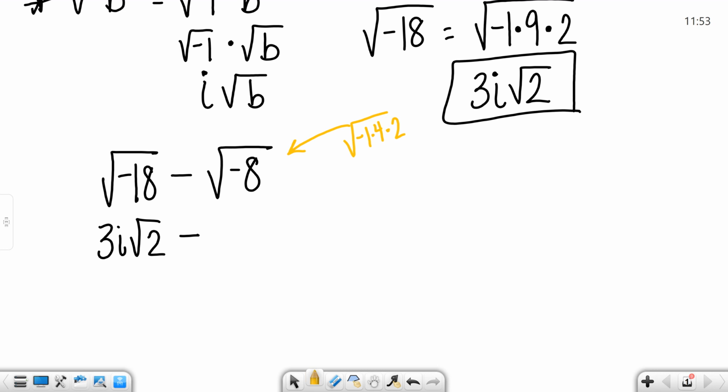The square root of negative 1 is i. The square root of 4 is 2, and this other 2 stays inside. So this would be 2i on the square root of 2. Now these are like terms because they have exactly the same radical and they both have an i. So 3i on the square root of 2 minus 2i on the square root of 2 is i on the square root of 2.